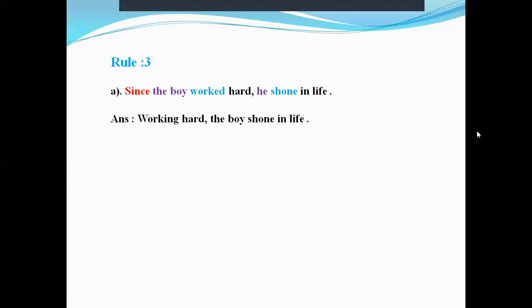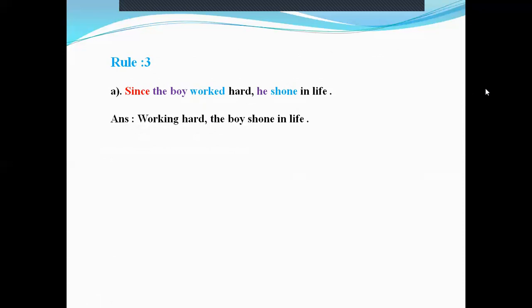So the answer will be working hard, the boy, instead of he, because the boy and he are the same person, and the rest of the sentence. So the answer will be working hard, the boy shone in life.